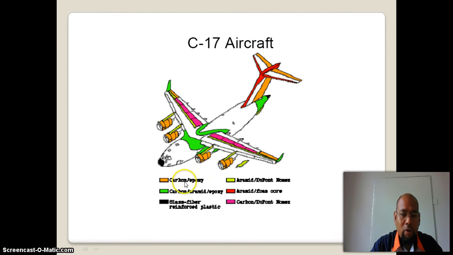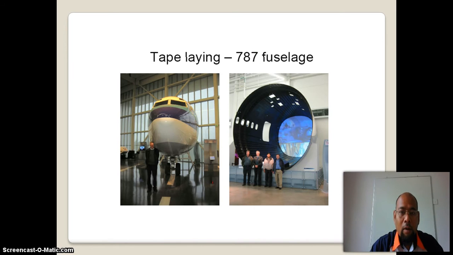Carbon is the reinforcement. We also have the combination of carbon, aramid, epoxy, glass fiber reinforced plastic, aramid. Another name for aramid is Kevlar, and all other types of composite material.